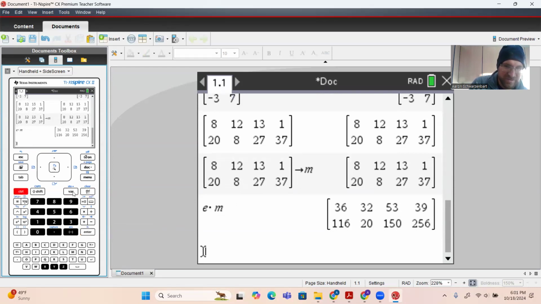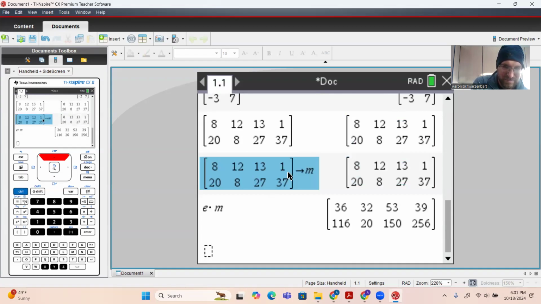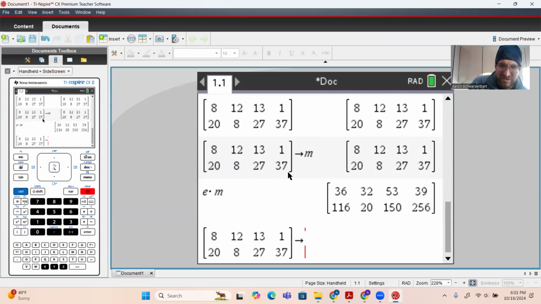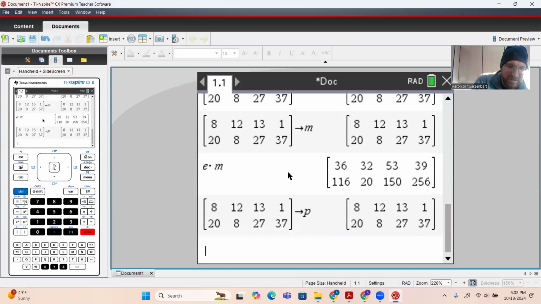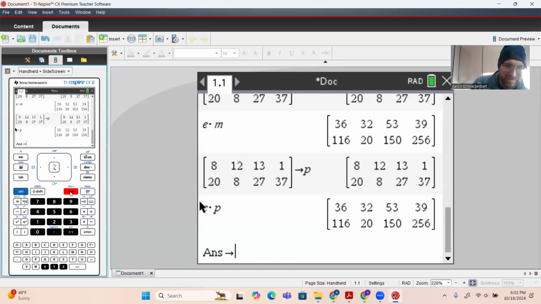So that's my solution matrix, my M. I encoded this wrong. So I just did copy and paste. So this should be stored as P. So E times P, that's my encoded matrix. Same thing I got before, but now I need to store it as M.